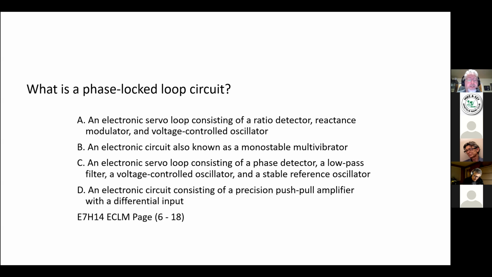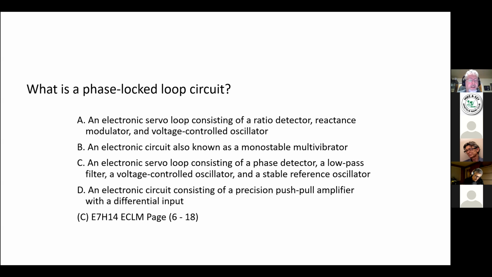C, an electronic servo loop consisting of a phase detector, a low-pass filter, a voltage-controlled oscillator, and a stable reference oscillator. Or D, an electronic circuit consisting of a precision push-pull amplifier with a differential input.